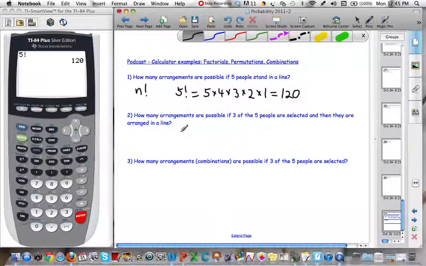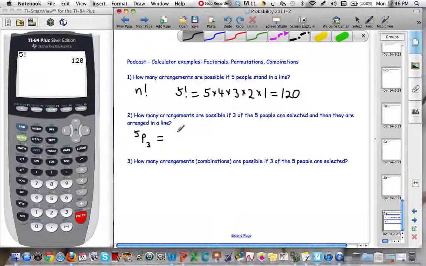Okay, for the second example, what we're doing is evaluating a permutation, the number of different permutations of 3 people selected from a group of 5. In terms of the notation, we are writing 5P3, which is the number of arrangements of 3 people selected from a group of 5 where order matters.